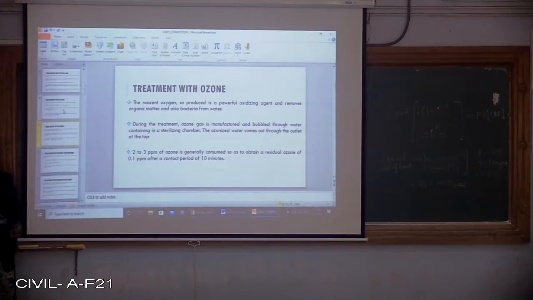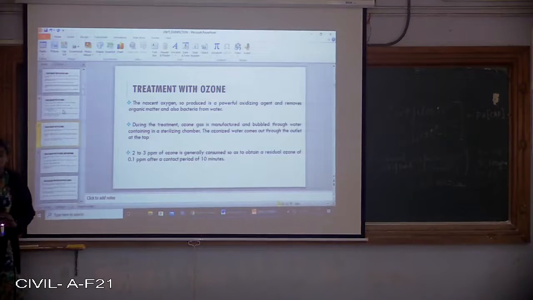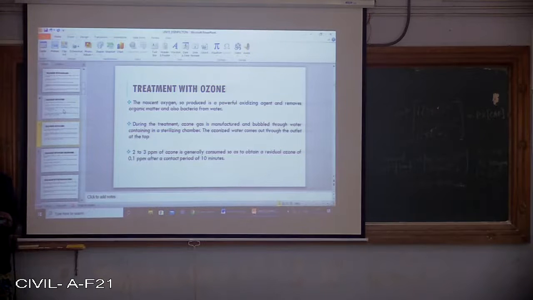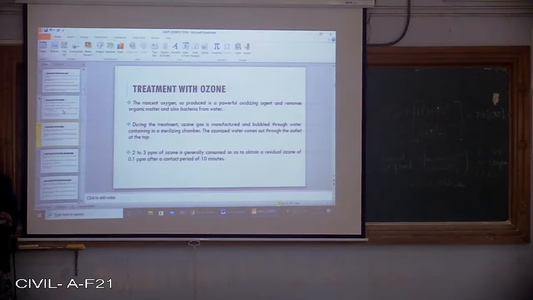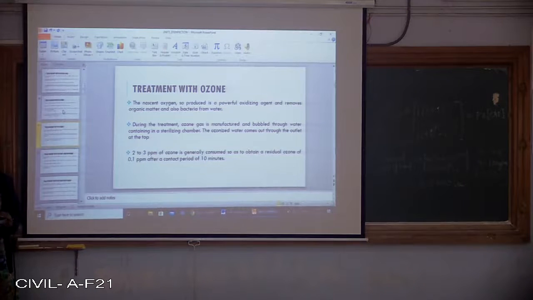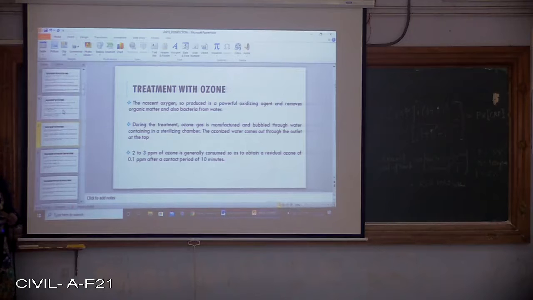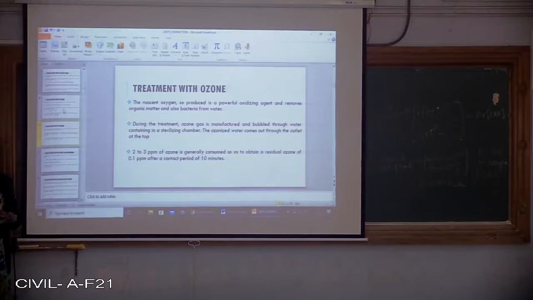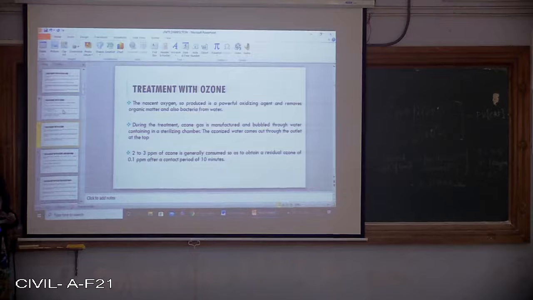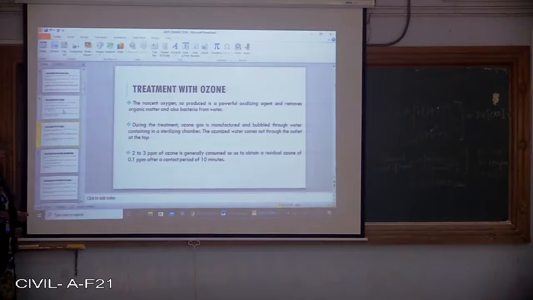This nascent oxygen so produced is a powerful oxidizing agent and removes organic matter and also bacteria from water. By this process, we can remove the organic matter and bacteria present in the water.